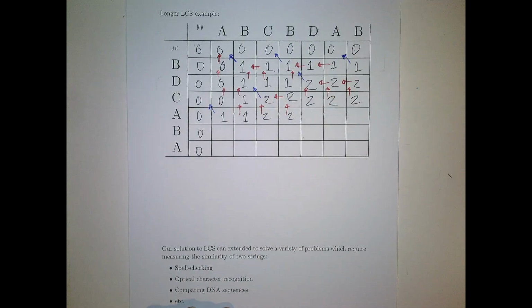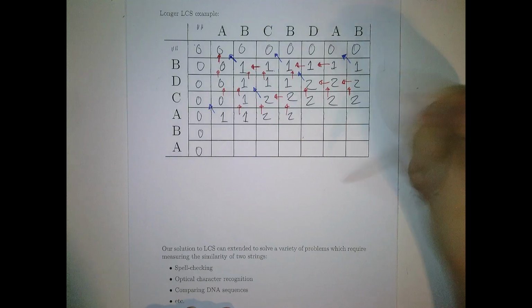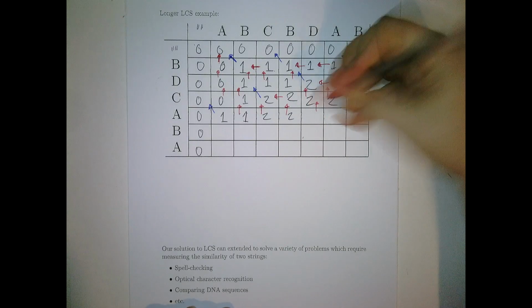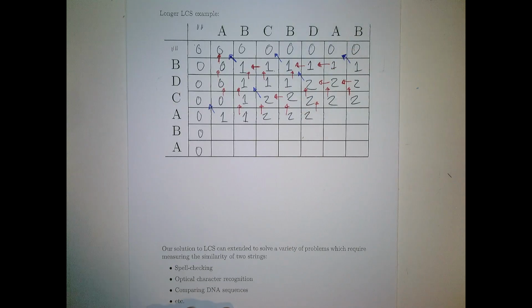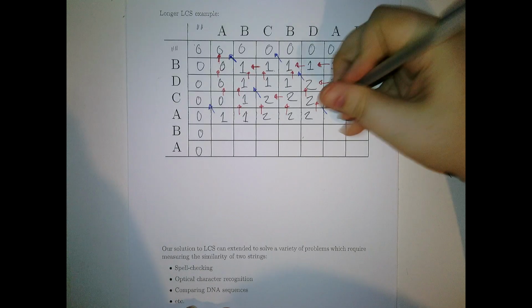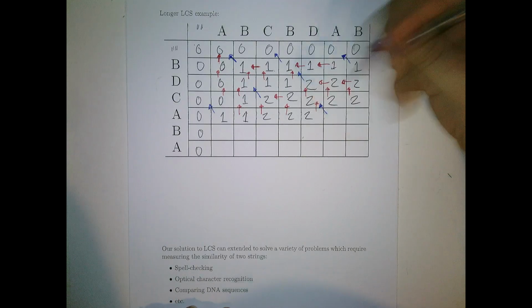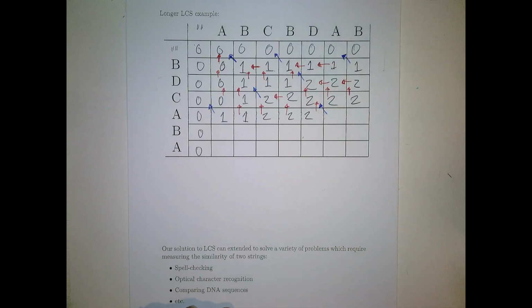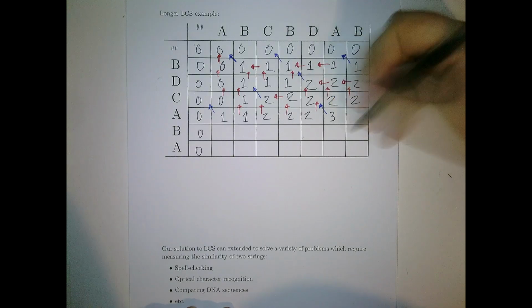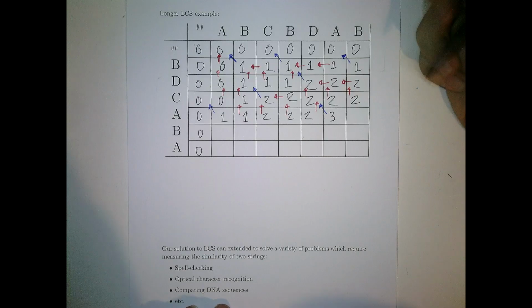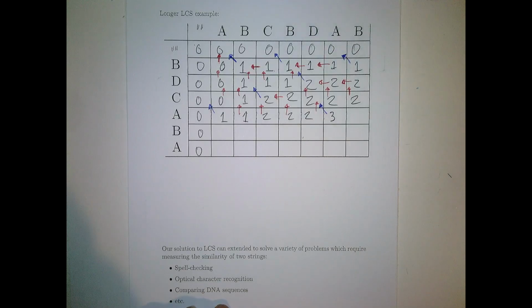A versus D, also not a match, so we'll take top because the max is the same. A versus A, ooh, okay, this is something interesting. A versus A is a match, and so this guy will be 3. Okay. And then we have B versus A, not a match, so we will take left.